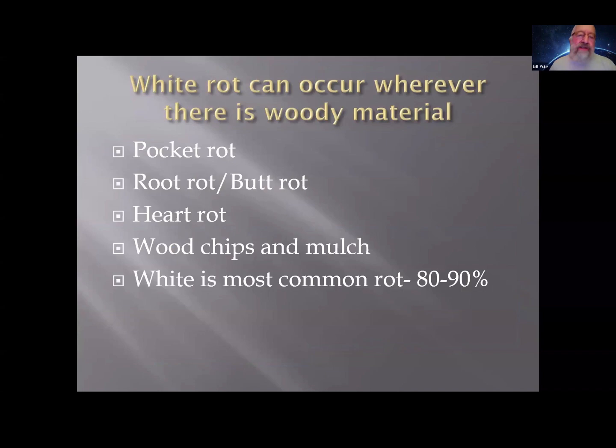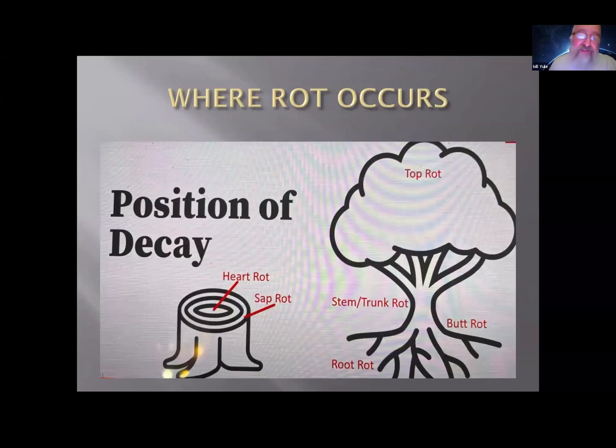And white rot can occur in all different parts of the tree. As a pocket rot that's encapsulated by the tree, as a root rot or a butt rot, as a heart rot, in wood chips and mulch, and white rot is really the most common rot. It's also the oldest of all the rots. And so what we're talking about when we talk about the position of decay is this.